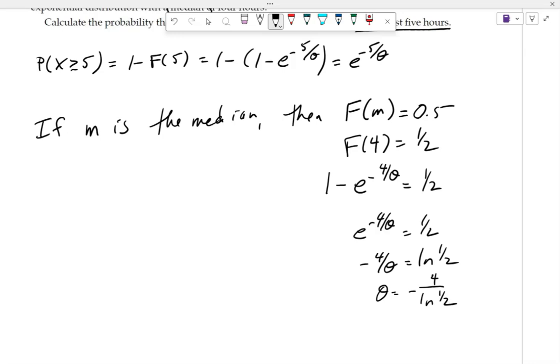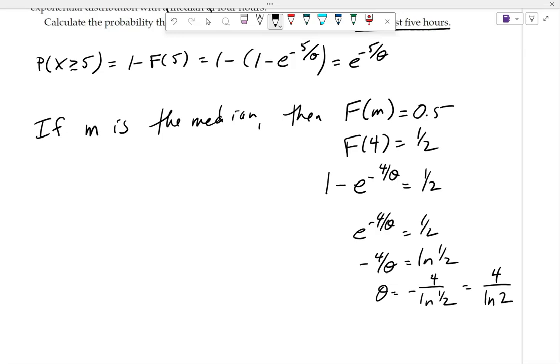I can make that look a little bit prettier. I can put the negative with my log, because it's -1, right? So I can put it on the top or put it on the bottom. I can put it with the log. But if I have a number out in front of the log, what can you do with it? Make it an exponent, so I get 1/2 to the -1. What is 1/2 to the -1 equal to? 2. So I can rewrite this as 4 over log of 2.